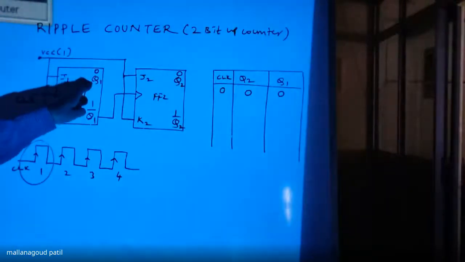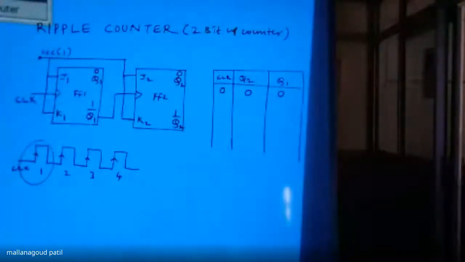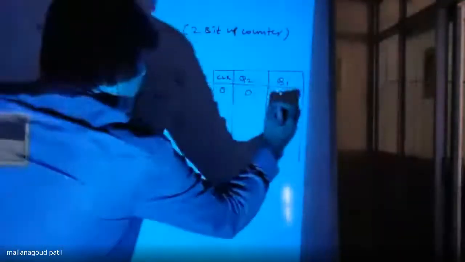What is the initial value of Q1? 0, sir. Then when the flip-flop toggles, Q1 will be 1. You can write Q1 will be 1.